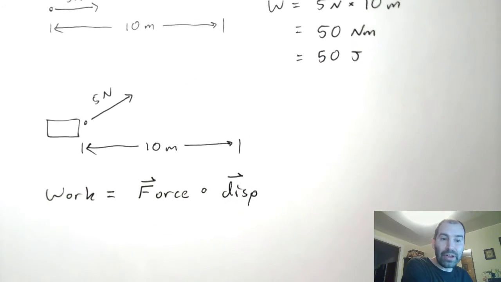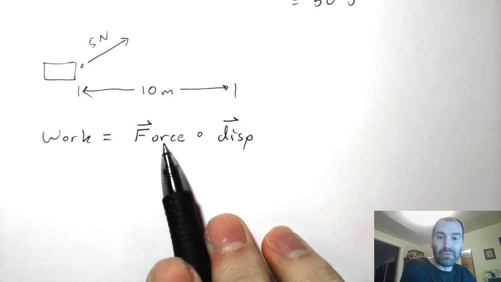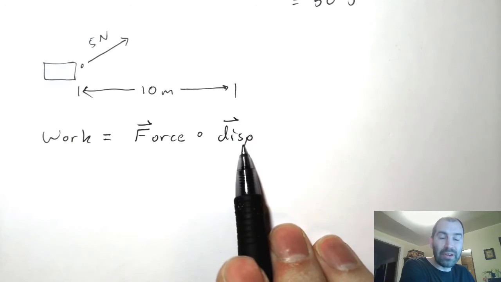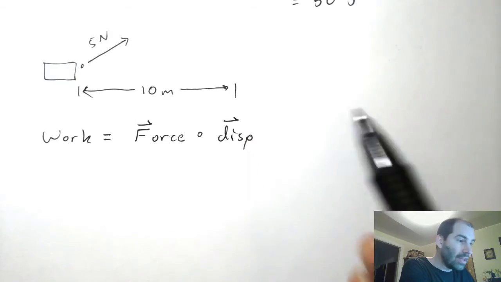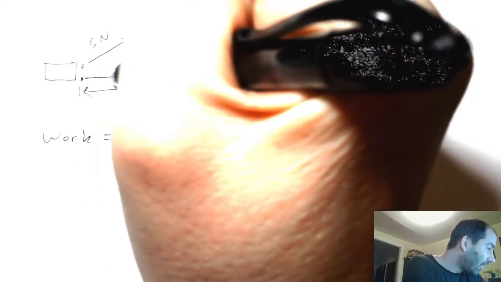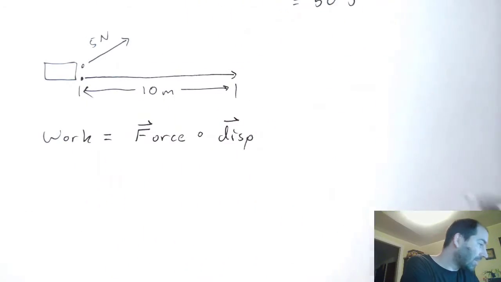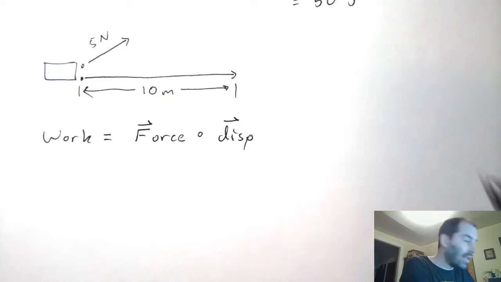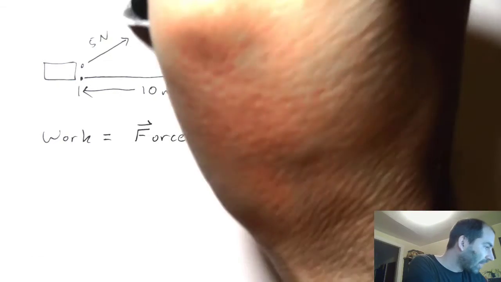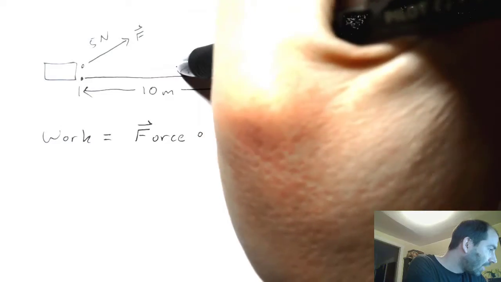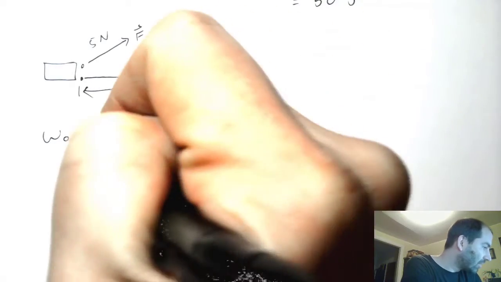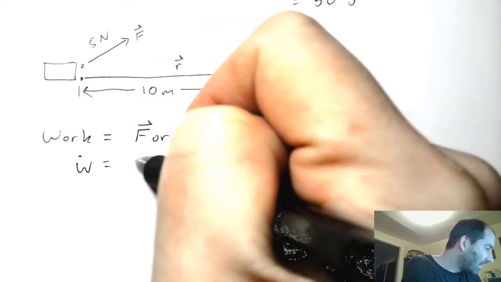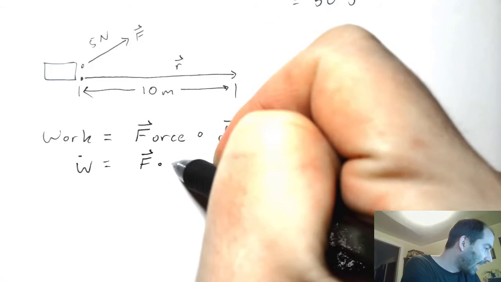Well, if we're dealing with vectors, work is the force vector dotted with the displacement vector. So we're going to imagine that there's a vector here describing the displacement. Oftentimes we call our force F and our displacement R. So you'll see this formula as work equals F dot R.